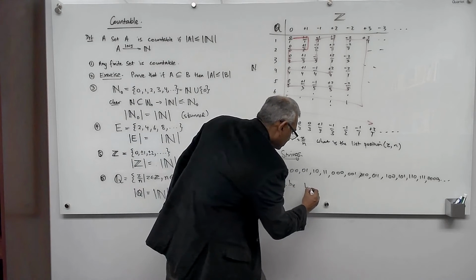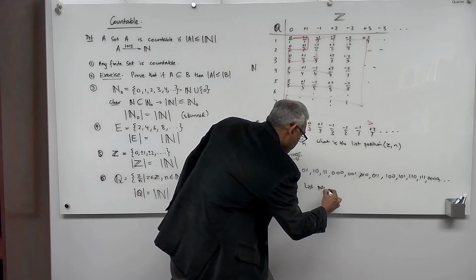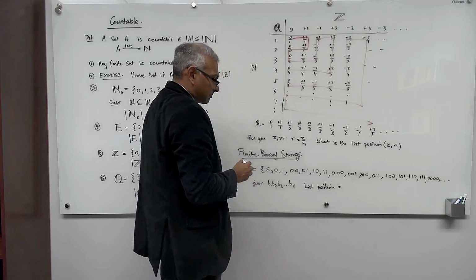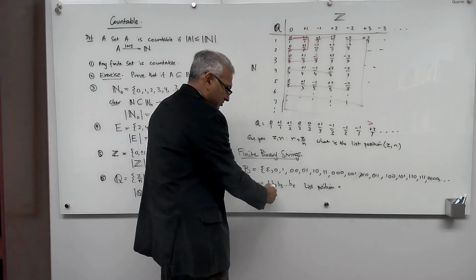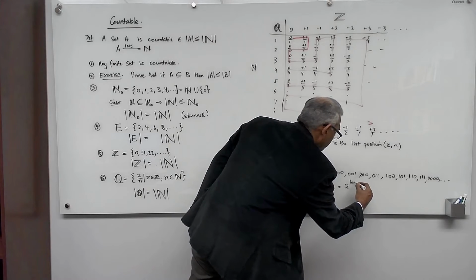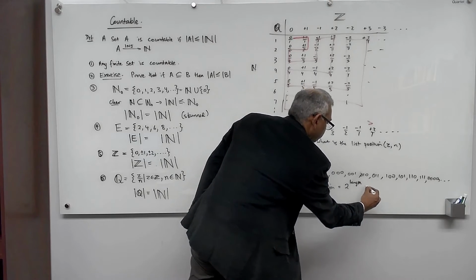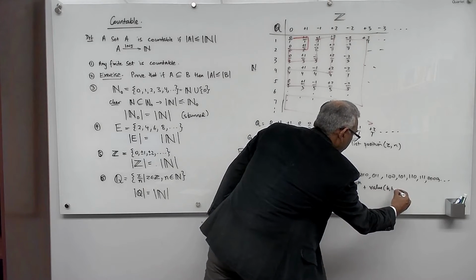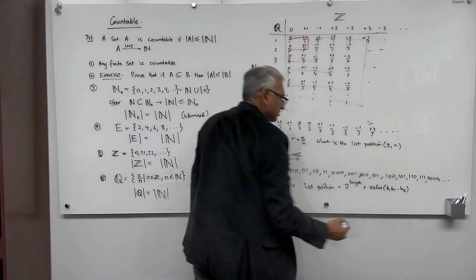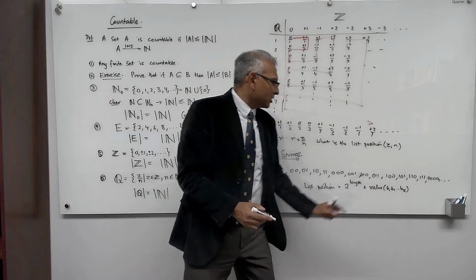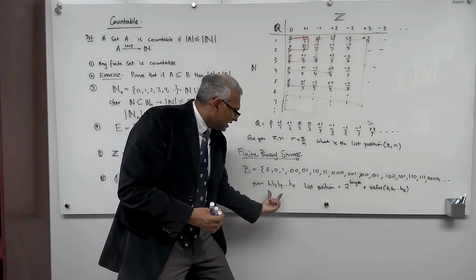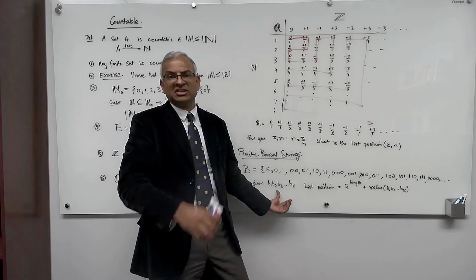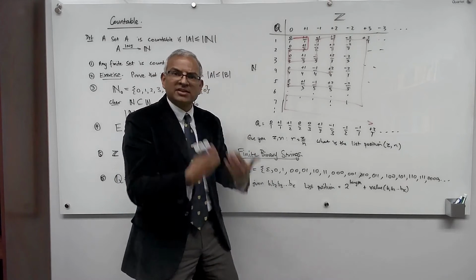Show that the list position is equal to 2 to the length of the string, plus the value of B1, B2, up to BK. So I'm claiming that this is a formula for the list position of any given binary string. So prove it. It's proved in the text, but it's a good exercise for you.